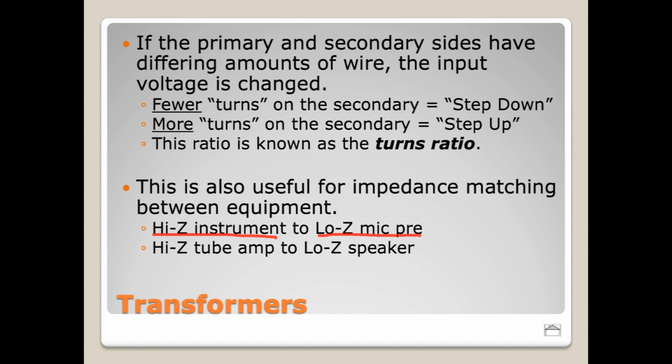Remember, direct boxes take our instrument signals and convert them to something that works with a microphone preamp. There are other ways to do this, by the way, but the simplest direct box is simply going to have a step-down transformer inside that matches the high impedance on the primary to the low impedance on the secondary.